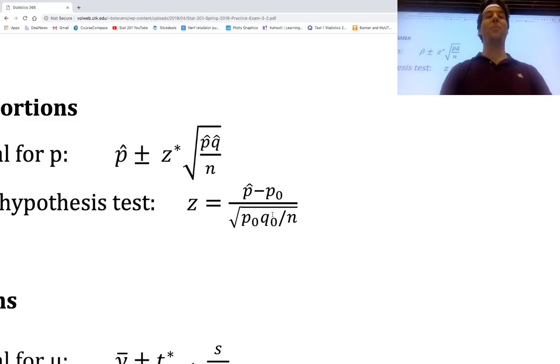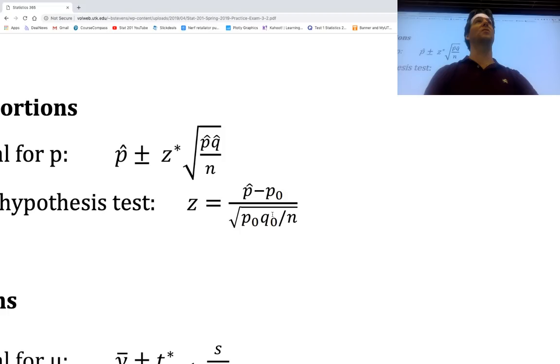So if Brian said in a test question, I did one earlier, we want to see if 50% of students want a Taco Bell on campus. UT will build one if more than 50% want a Taco Bell. With that, we'd have P naught equals 0.5, and interestingly enough, Q naught would equal 0.5. It's just the complement, whatever adds up to 100%.